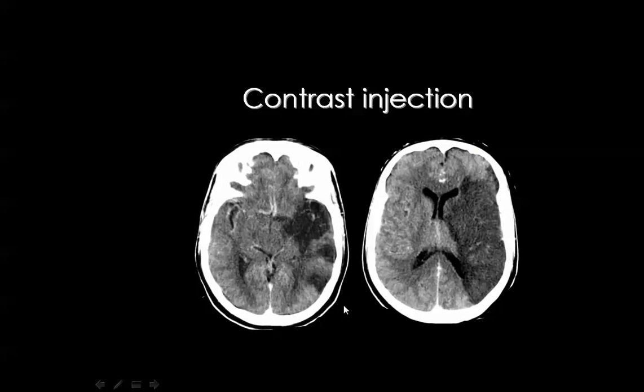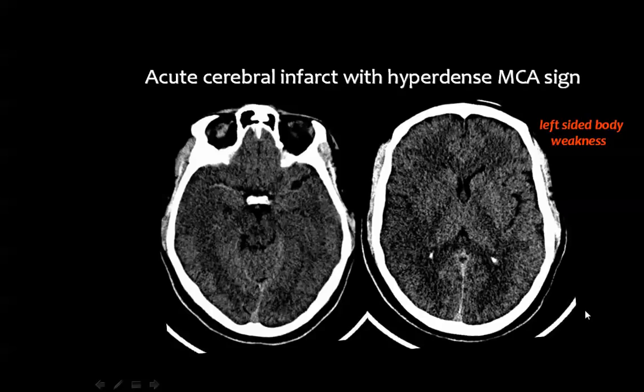Then if you look here and you inject the patient with contrast media, you expect that the middle cerebral artery, which is thrombosed, will not enhance or will not show contrast material inside. This is an infarction because of middle cerebral artery thrombosis. The opposite middle cerebral artery is well delineated with the contrast material.